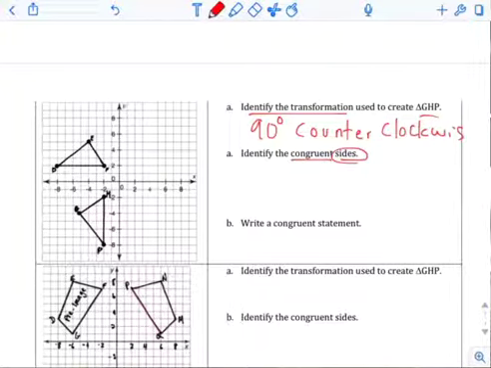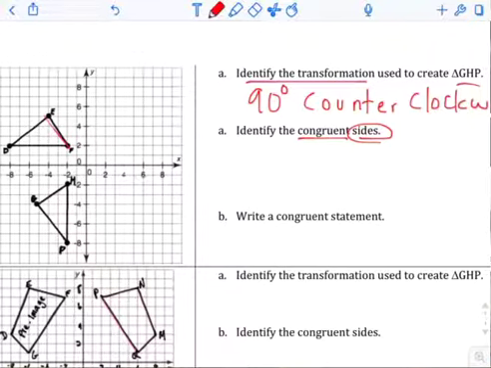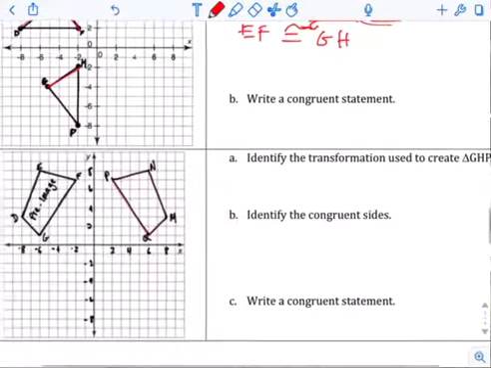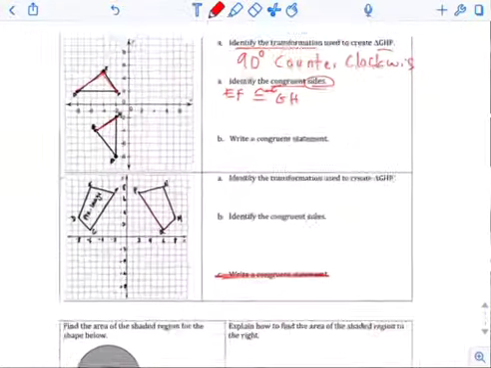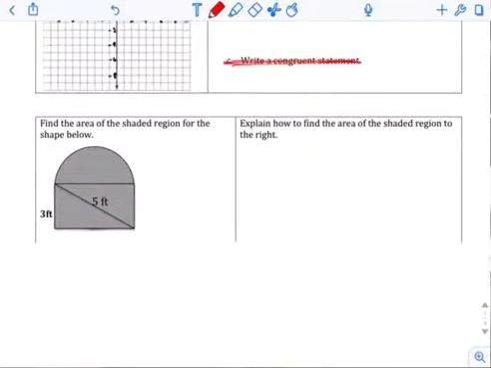These are sides. Remember, side, side. EF is congruent to this side. EF is GH. Okay, like that. And this is a statement. You don't have to do a statement for this one. That wouldn't be right. And we've done a lot of these.